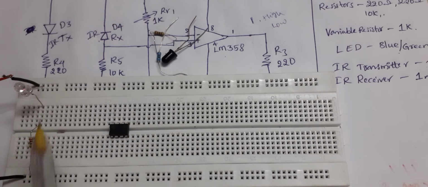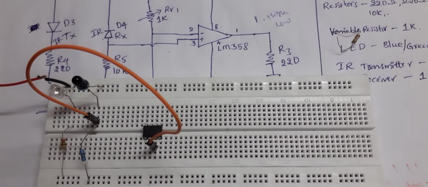So this is the transmitter section, and now we are going to connect the receiver section. This is the receiver section, and we connected VCC.